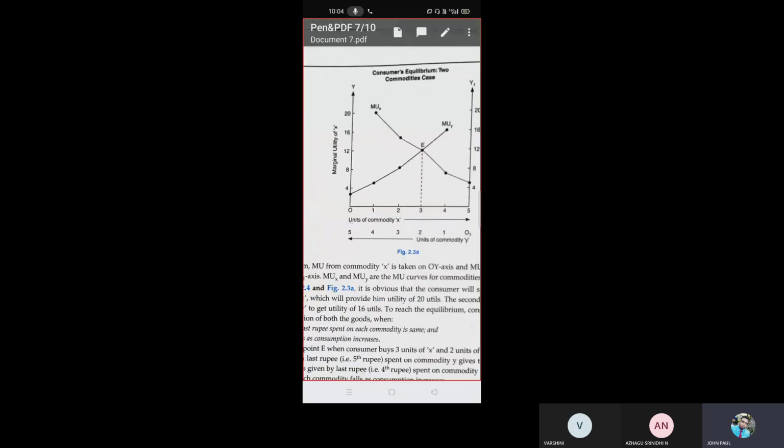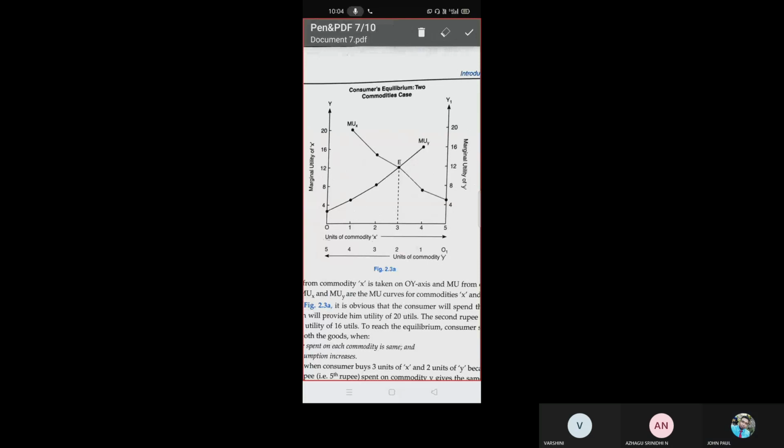Right. Now you can see, 20 is the marginal utility of dairy milk, and 16, here also 16, is the marginal utility of munch. Okay. X is dairy milk, Y is munch.